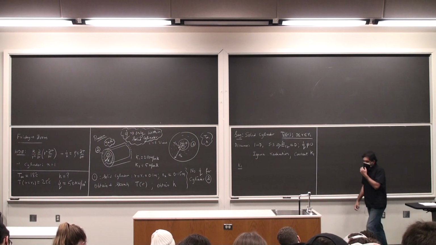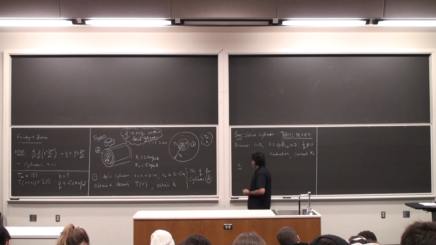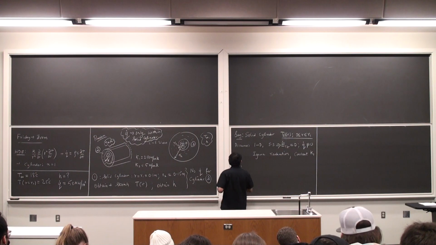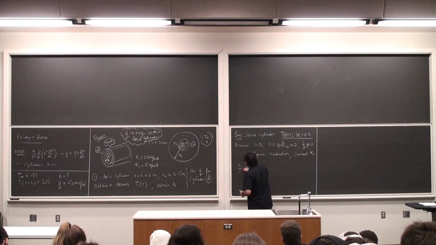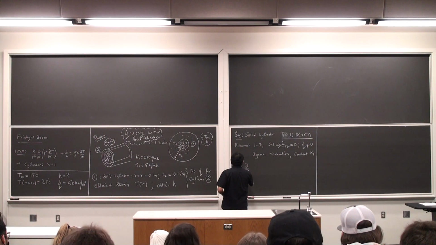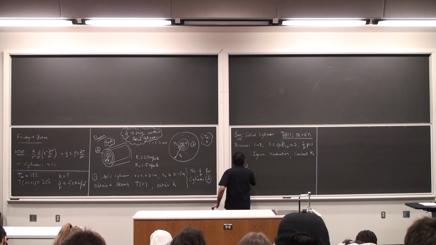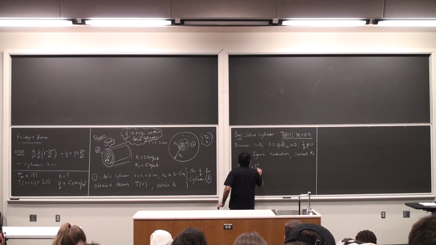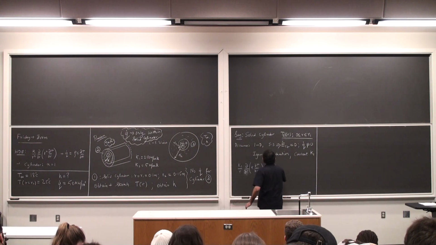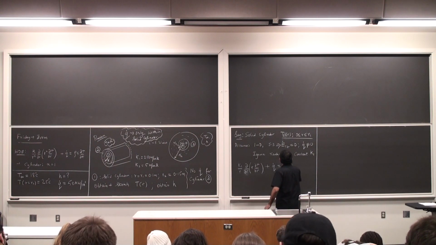Q dot is a constant value. So K1 by R, d by dr of R dT by dr, plus Q dot.